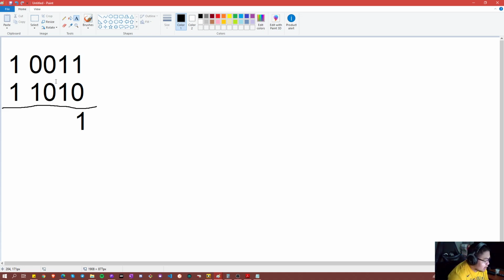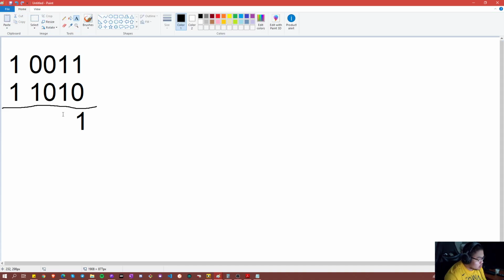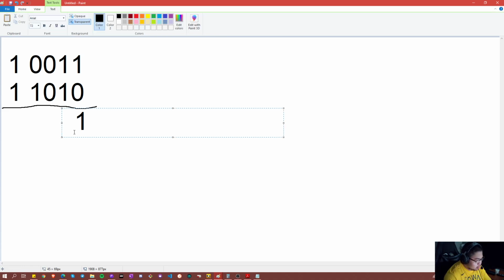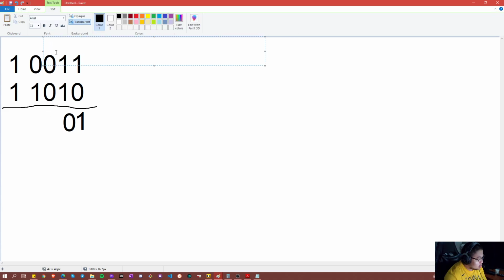In binary, one and one is equal to zero, and it needs to be carried to one. So the result for one and one is equal to 10. Remember that one, that's why there's a carry. So 1 1 is 10. Let's put 0 here, and let's carry 1 on top.